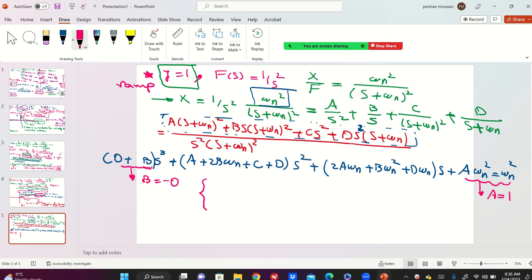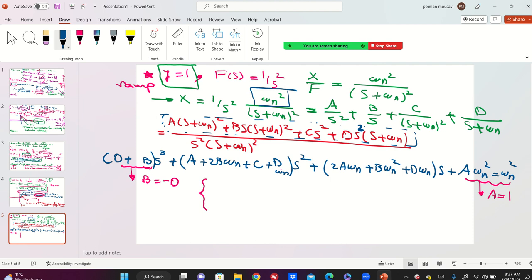S square. Oh, hold on. So d is going to be there. You have to multiply by omega n in here. Let me fix this, guys. It's going to be d omega n. Now it's right.